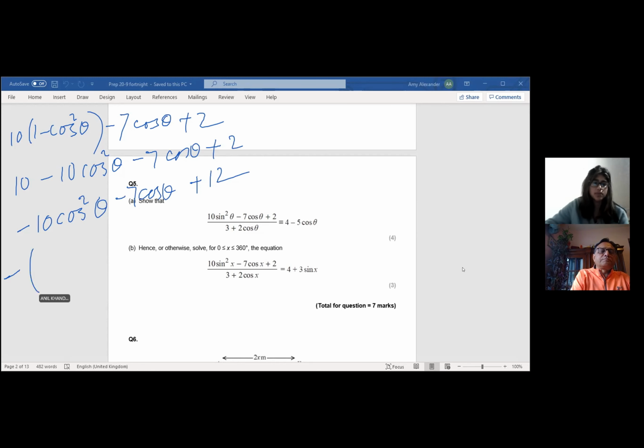Yeah, so 10. Should I use my calculator? Let's quickly find. Or you can cross multiply and bring all terms together also. That also you could do. When you take the minus out, it's 10 cos squared theta plus 7 cos theta minus 12.